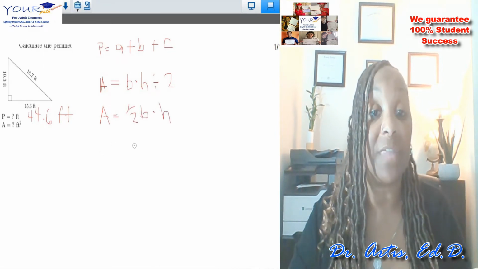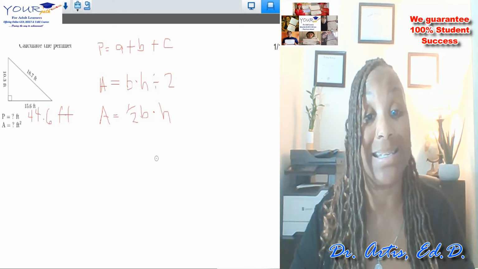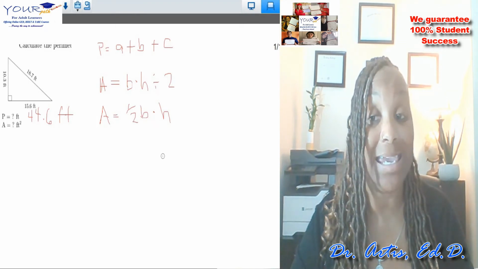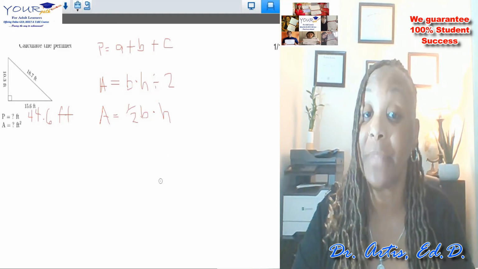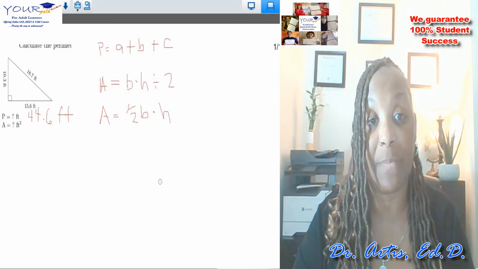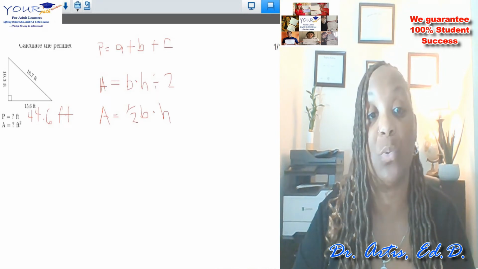Okay? Both of these formulas will work. It is not difficult to find the area either. While the perimeter may be easiest to find, the area is quite simple as long as you remember the formula. So we're going to key in the information that we have here.